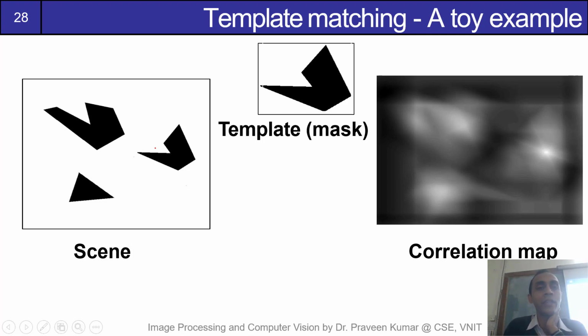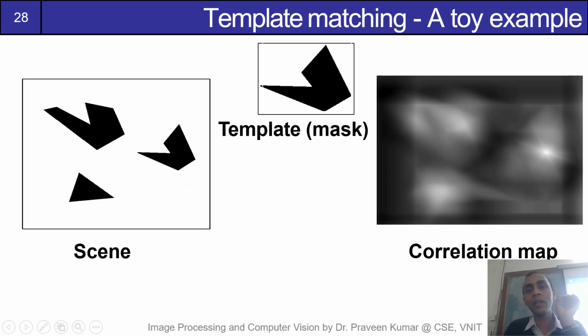So for example, let us say in this image we were interested in finding a region containing an object of this shape. We can take this shape region as a template itself, as our mask, and use this mask to do a spatial correlation operation on this original image.